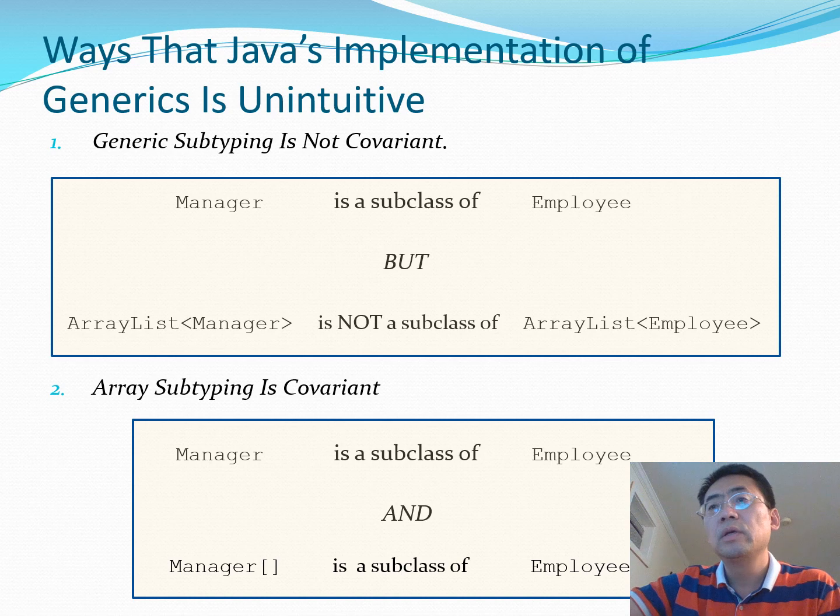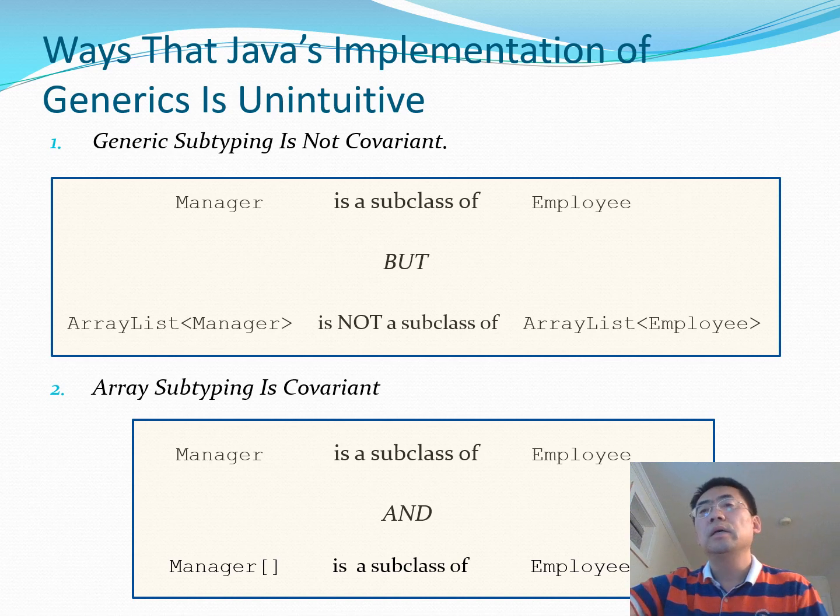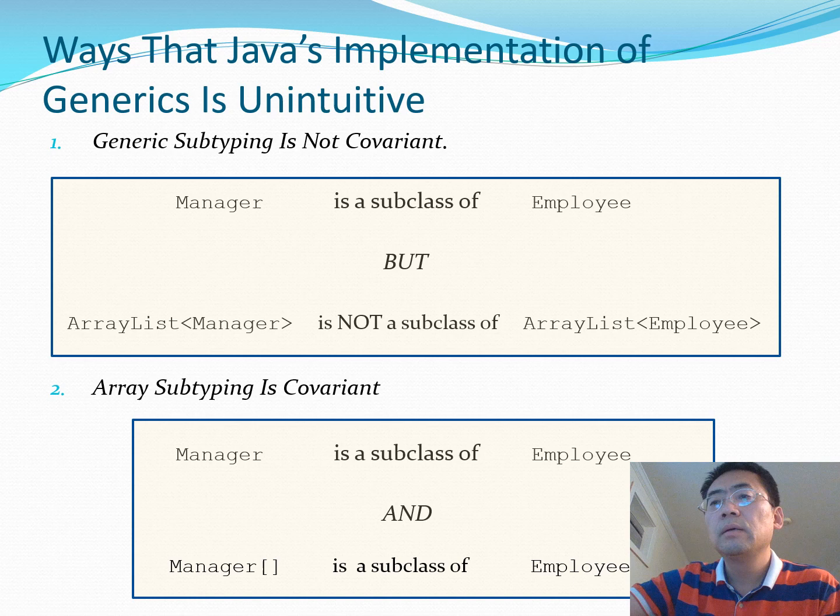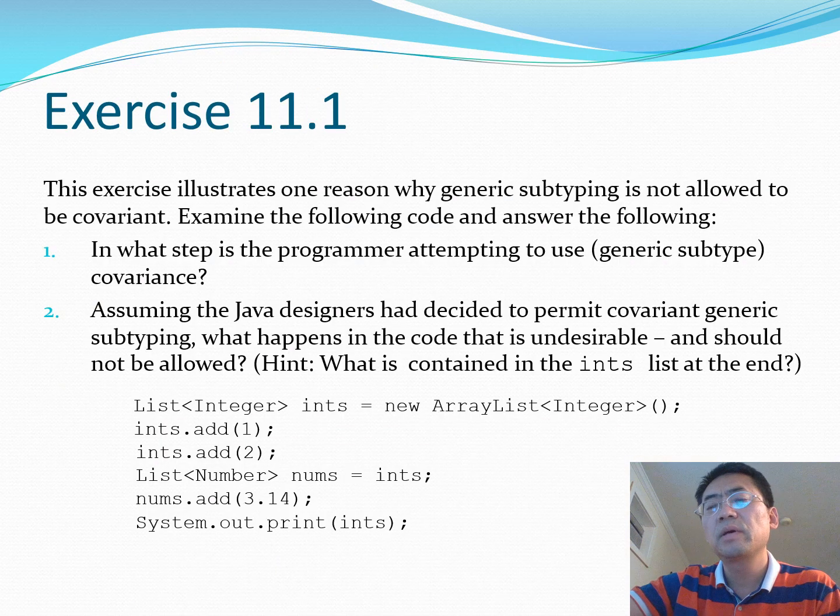So we say generic subtyping is not covariant, meaning that Manager is a subtype of Employee, but a list of Manager is not a subtype of a list of Employee. But Java arrays are covariant, meaning if Manager is a subclass of Employee, then an array of Manager is a subtype of an array of Employee. That's a little bit confusing, but there's a reason for that.